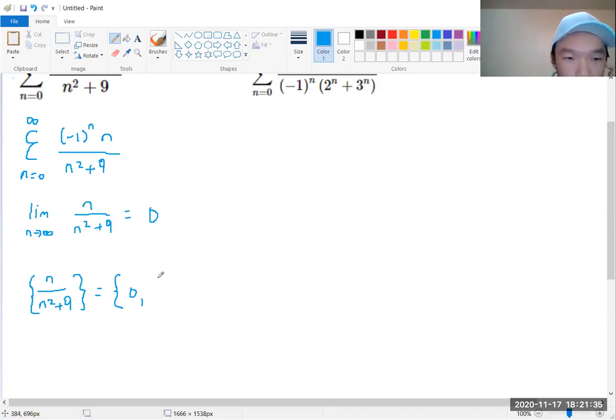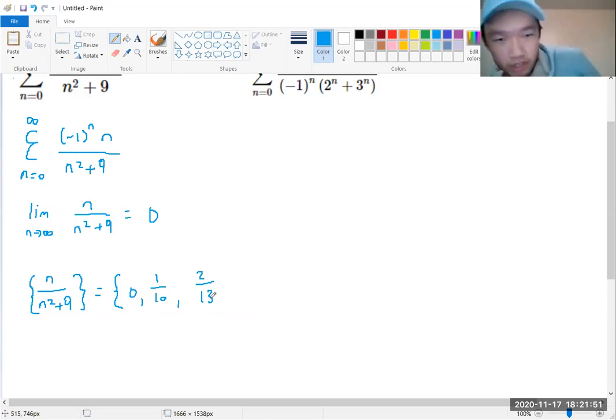So when n equals 1, we have 1 over 10. When n equals 2, we have 2 over 4 plus 9, which is 13. Yeah, I don't know. This doesn't look decreasing to me. Keep going. Okay, 3 over 9 plus 9 is 18.